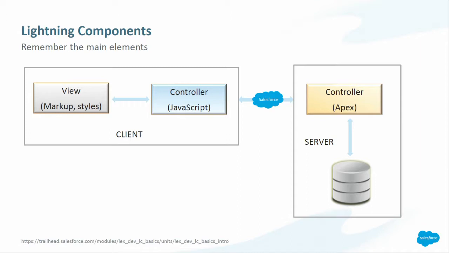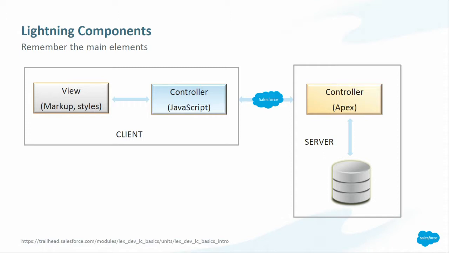For Lightning components we have client-based and server-based files. On the client, we've got the Lightning bundles, which is like a packaged list of different files that implements the client side, the view and the interactions.